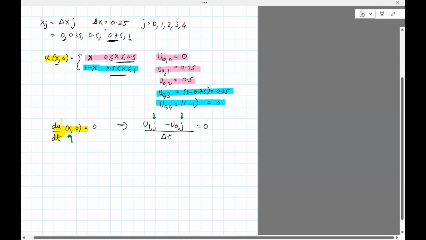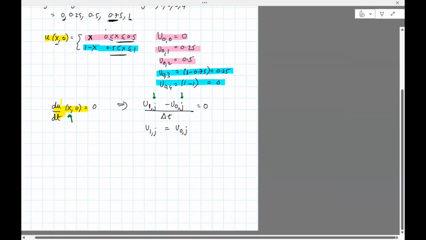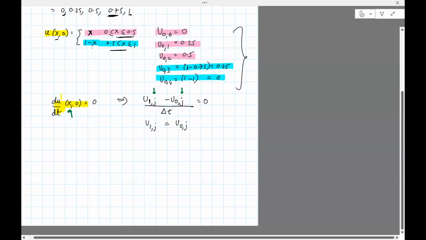And this actually gives me this interesting thing, which is u1 comma j is u0 comma j. It's saying that whatever u0j is, that's the same thing given to u1j, which means you just have to essentially copy this thing down here.